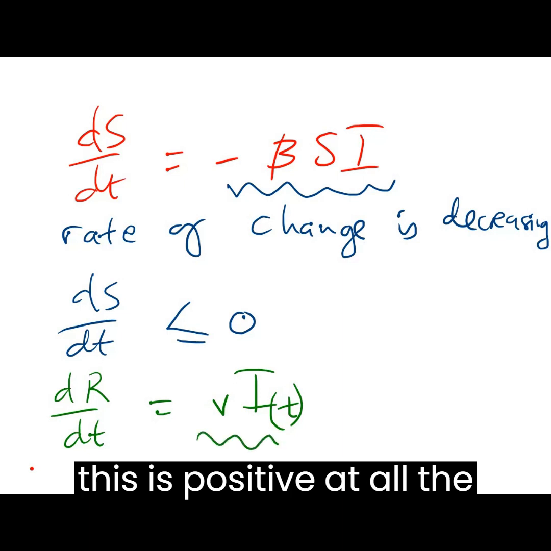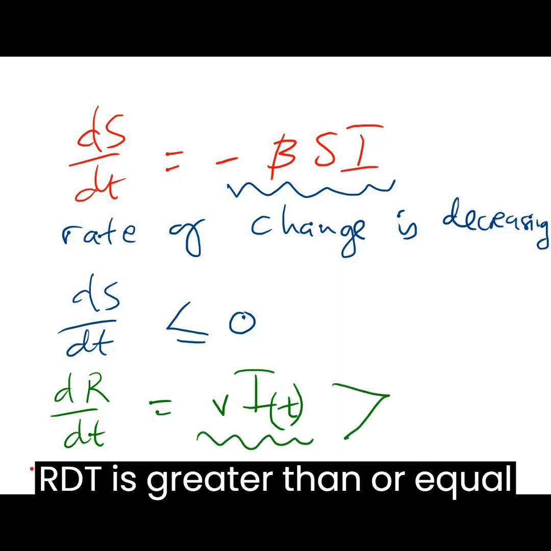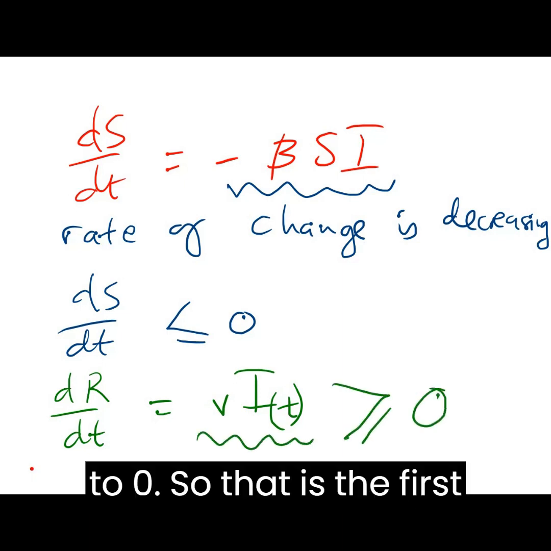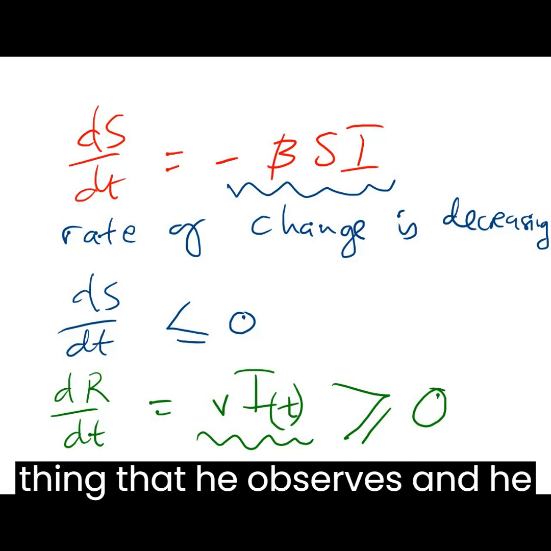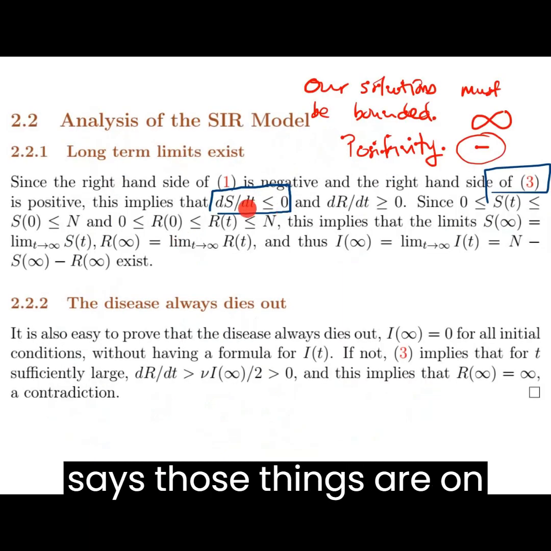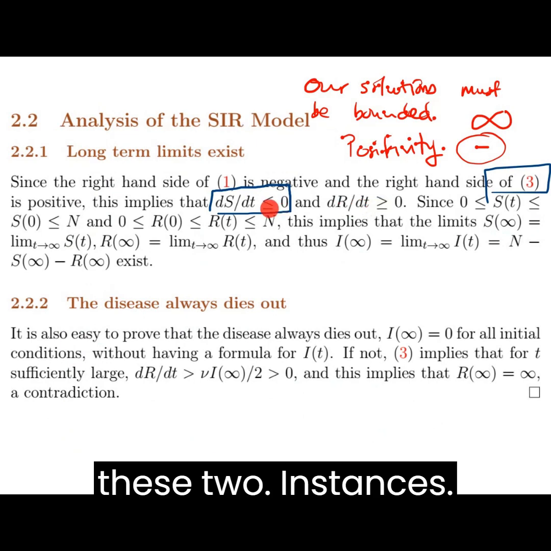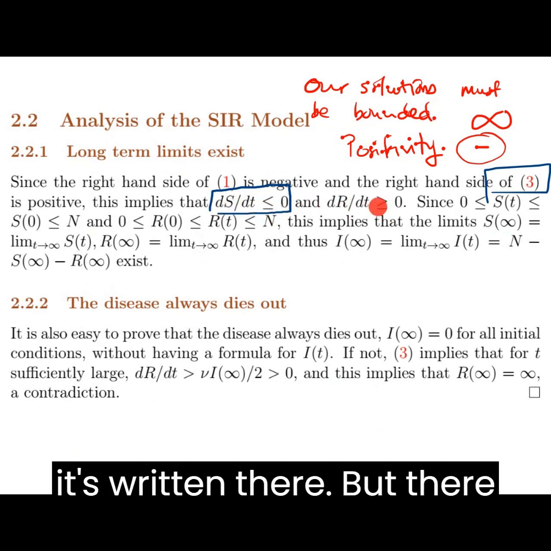This is positive at all times, so dR/dt is greater than or equal to 0. That is the first thing he observes, and it's written there and there.